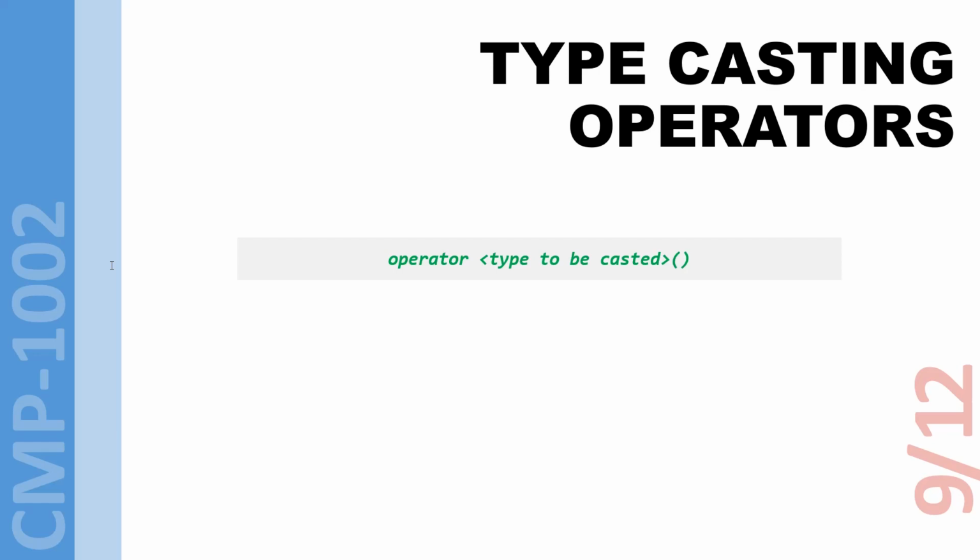We can overload even those in C++. If you are trying to overload these, the syntax is a little bit different. You don't have to write the return type. You write the operator keyword and follow it with whatever type you want to be cast into, and then you do not give an argument.